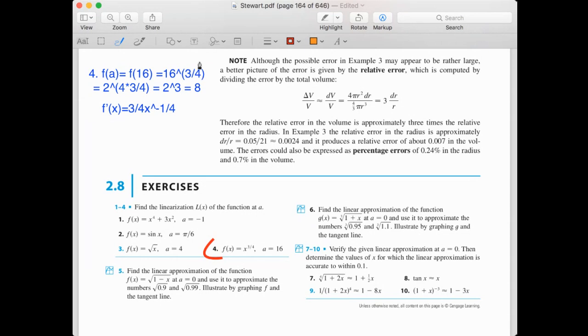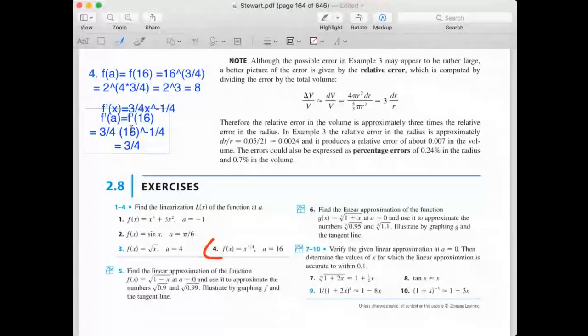Then let's find f prime of a. So that's our derivative of the function, using the power rule: 3 over 4 x raised to 3 over 4 minus 1, which is negative 1/4. Then f prime of a, which equals f prime of 16, equals 3 over 4 times 16 raised to negative 1/4. Again, we rewrite 16 as 2 raised to 4.